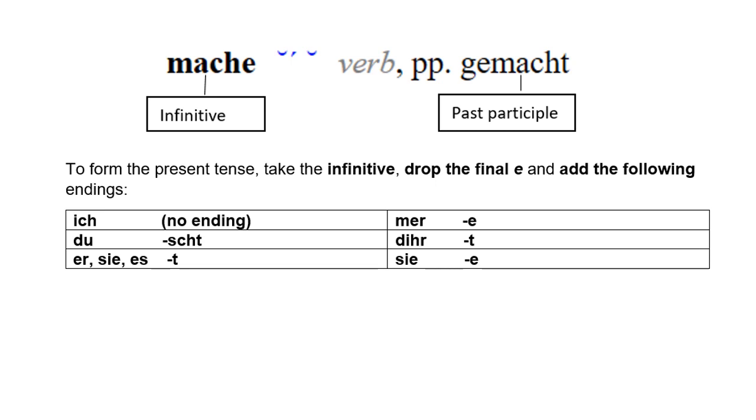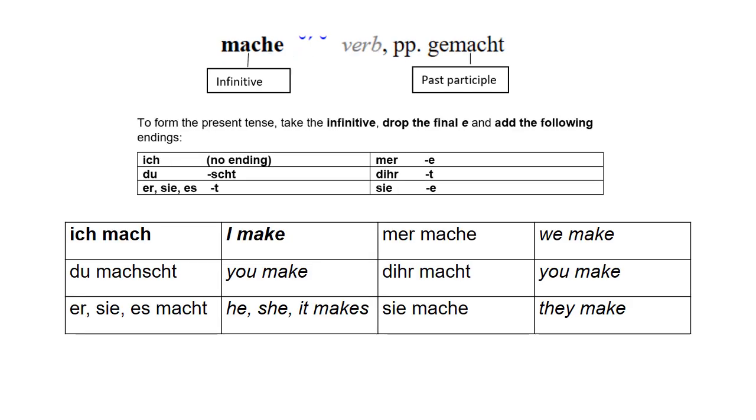Most people find it easier not to memorize the endings just on their own, though you can certainly do that. But most people find it easiest to memorize the endings combined onto a verb itself. So, if we do this with mache, for example, it would be ich mach, I make.